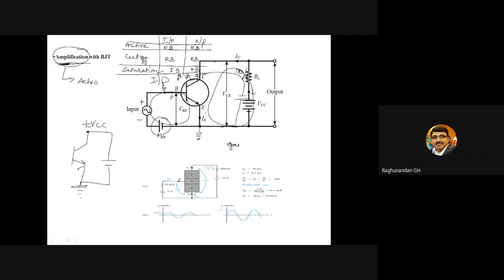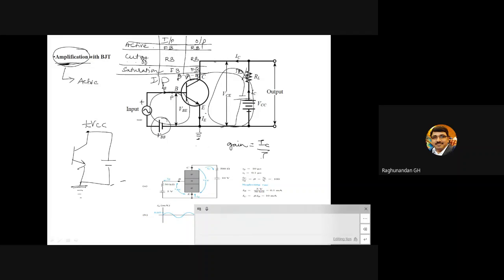Gain means what is the formula? I said IC by IB. That's it. Gain means output by input. If I'm asking for the current gain, it is IC by IB. If it is voltage gain, it is VCE by VBE. That's it. Gain means output by input.